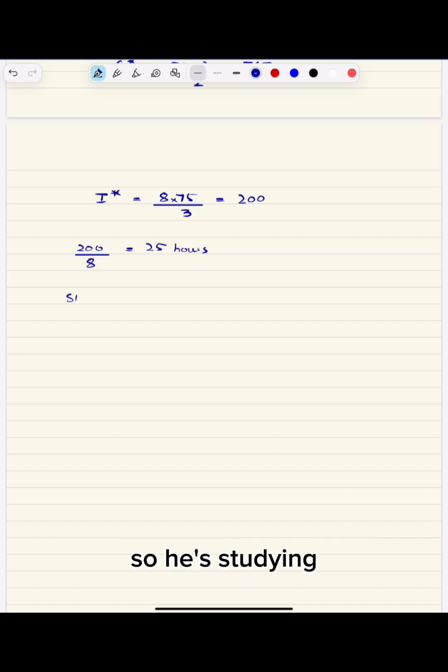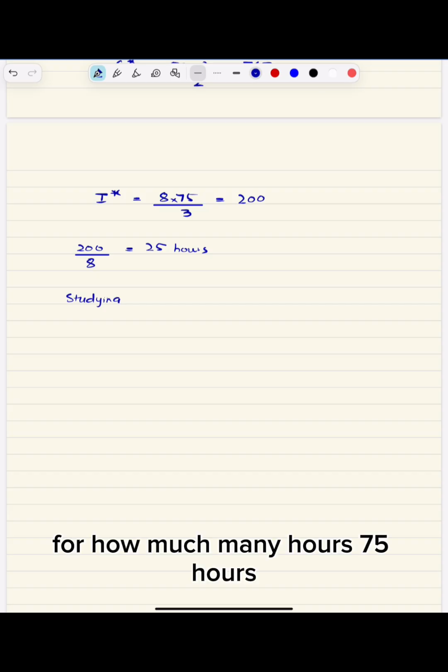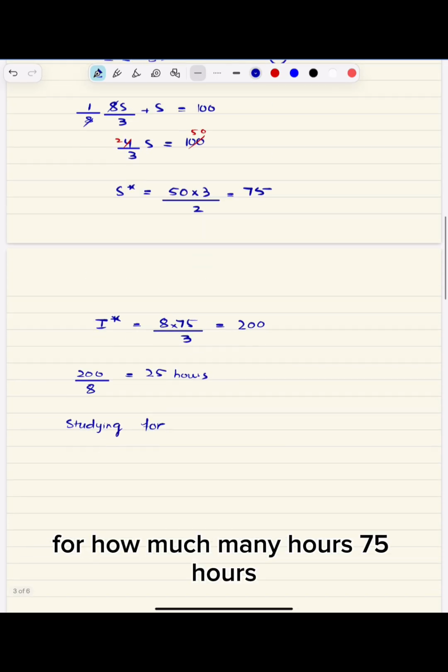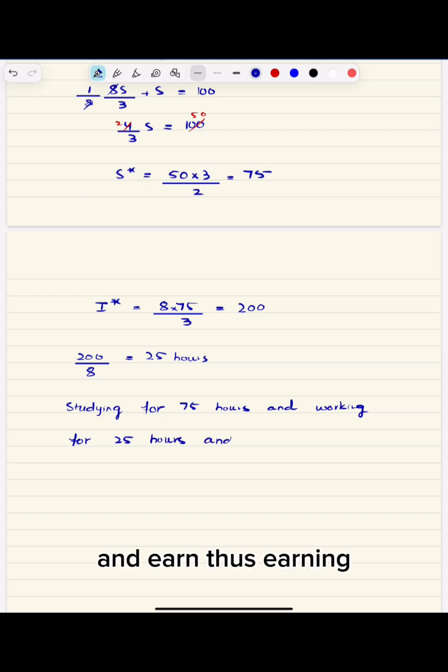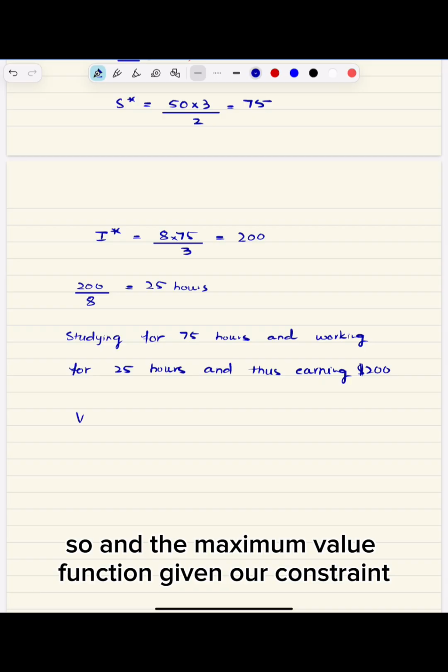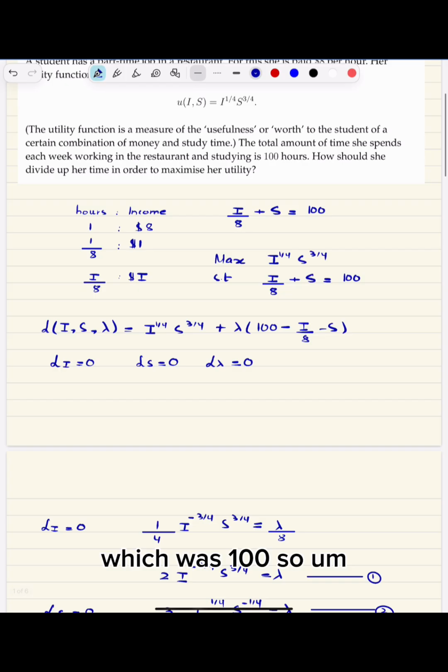So he's studying for 75 hours, and working for 25 hours, and thus earning $200.